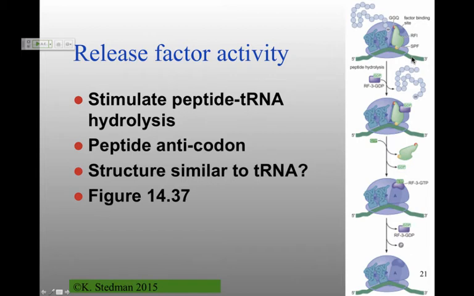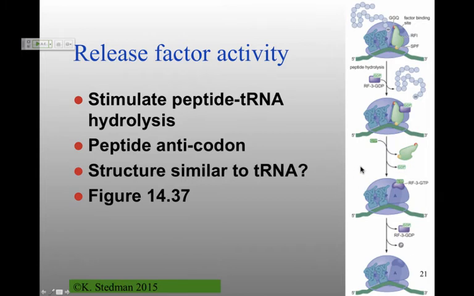Then we have our second release factor. This is release factor 3, again, bound to GTP. And this is actually a typo here. This should be GTP, which is bound here rather than GDP. That associates with the release factor here, which looks like a tRNA. Have hydrolysis.